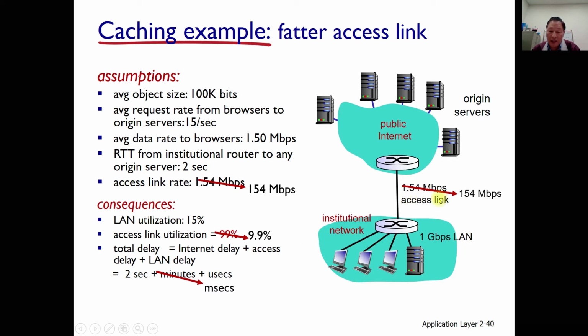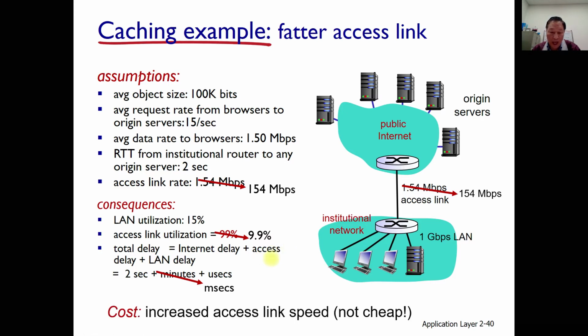The problem is this one is so expensive. To get higher bandwidth, we need to pay. We need to use expensive bandwidth, and we should pay to the internet service provider. Like this, cost, increased access link speed, not cheap. That is usually very expensive.